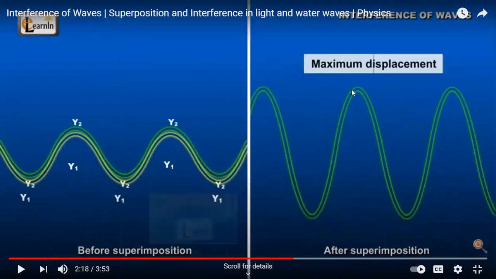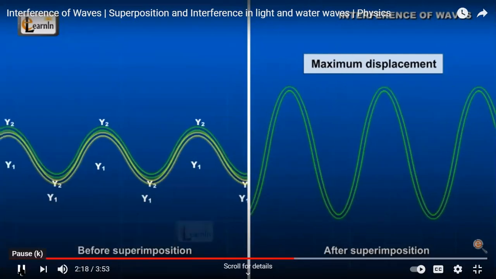Maximum displacement will be observed when y1 and y2 both have crest points. Displacements రెండు కూడా individual displacements maximum అయినప్పుడు resultant displacement maximum displacement వస్తుంది.